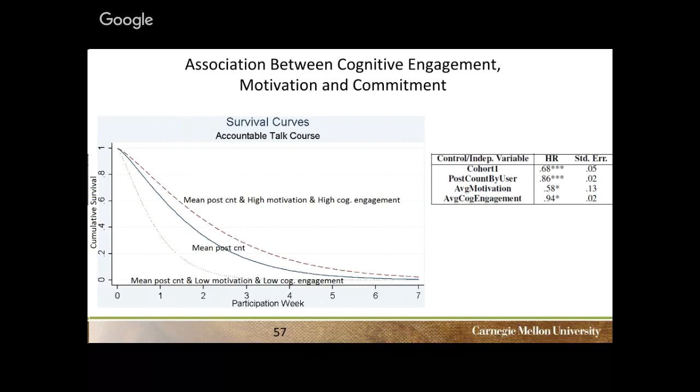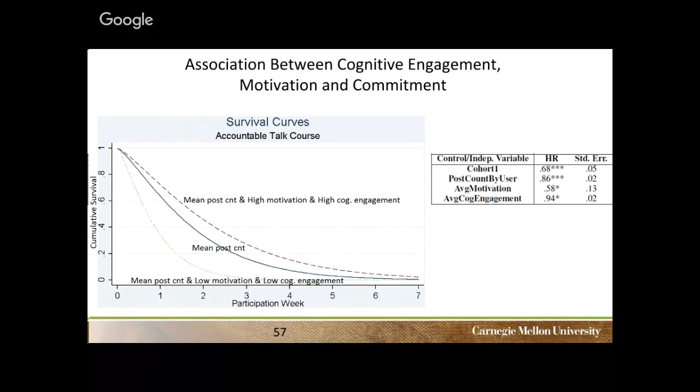This is time, and this is the probability of dropping out by the next time point. Over time, people are more and more likely to have dropped out of the course. The blue line is the average for the whole course, and the red dotted line is how that probability curve is adjusted based on seeing a standard deviation more evidence of cognitive engagement and motivation, and the green dotted line is an adjustment for seeing a standard deviation less.